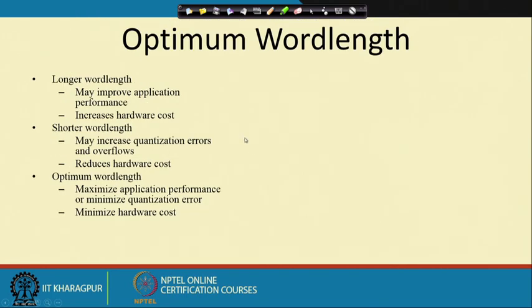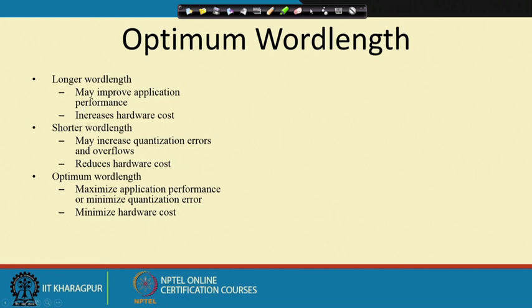Okay. So, why do I need this optimum word length? Because a longer word length, like the one we consider for floating point number representation, may improve the application performance, as there is no algorithmic error. So the calculation-wise performance of that system will be good enough.